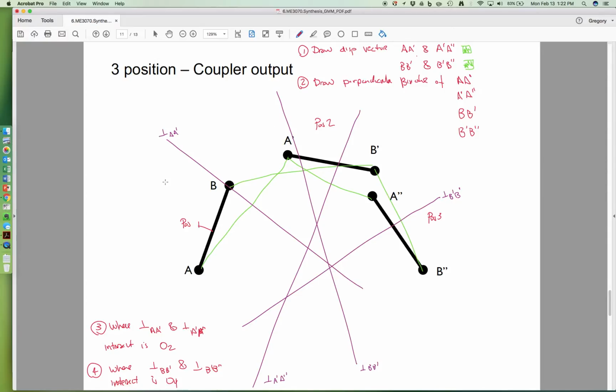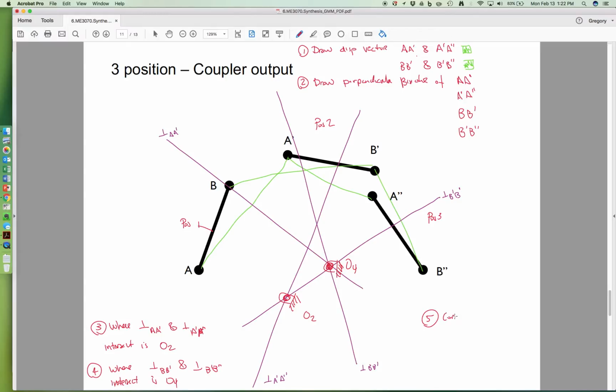So this is important. So I've got perpendicular bisector of A prime, perpendicular bisector of A prime A double prime, and here I've got a ground joint, right? And I'll do the same thing for the B, perpendicular bisector of B B prime B double prime. That's O4, and this is O2.